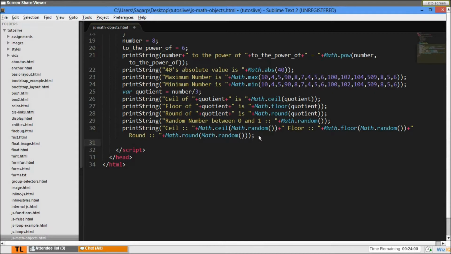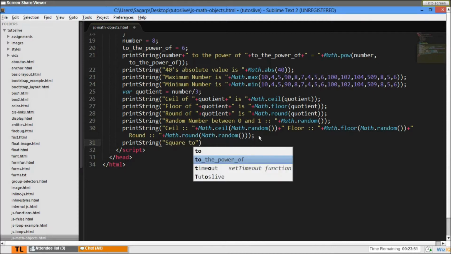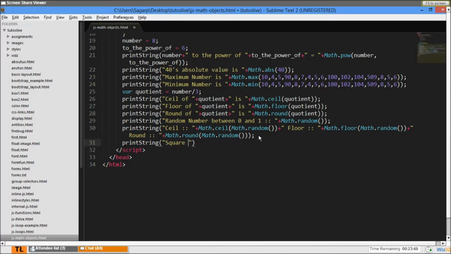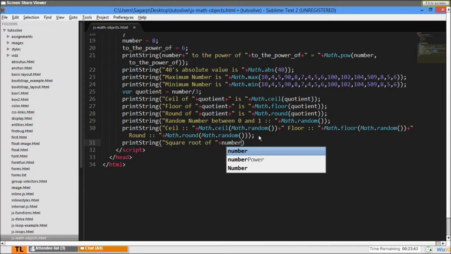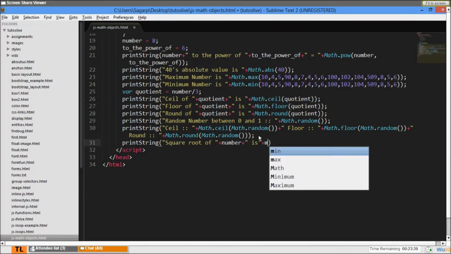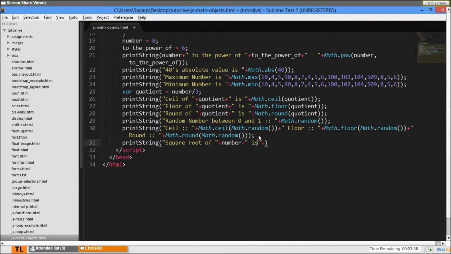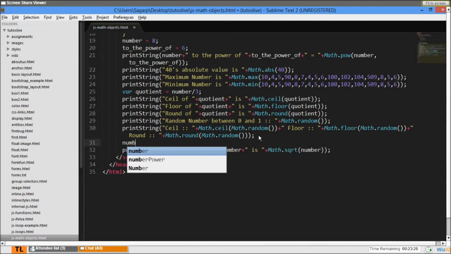So the next important function is the square root of, let's say, a number. We have one more function called math.sqrt of the number. Let's take the number to be 64. What is the square root of 64?